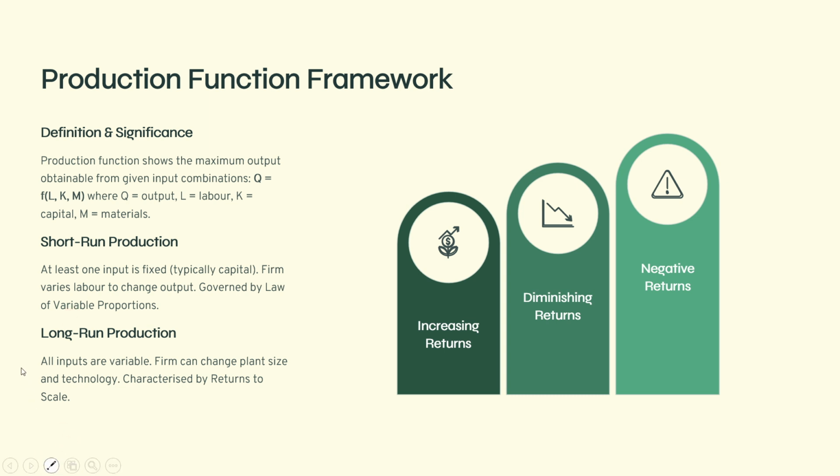Initially, the production increases like this, then the increasing rate may be slow, then it becomes stagnant, then it goes down. A U shape may happen. Initially it increases, then it diminishes, then it gives negative returns. This is the production function framework.